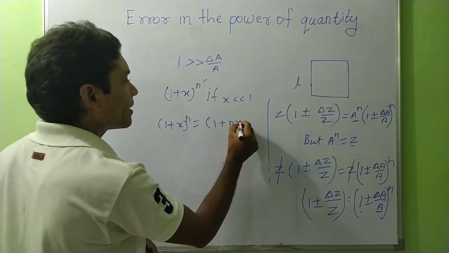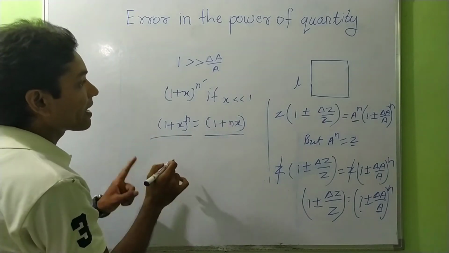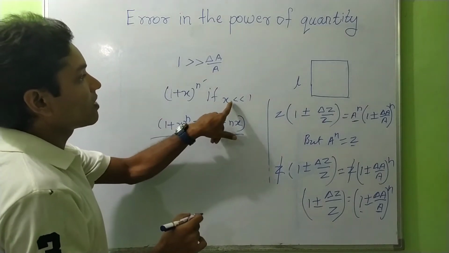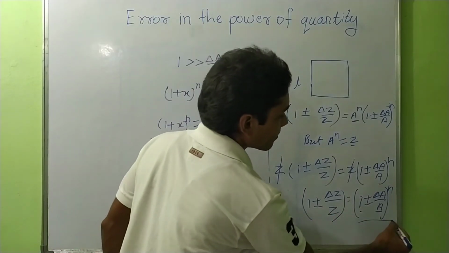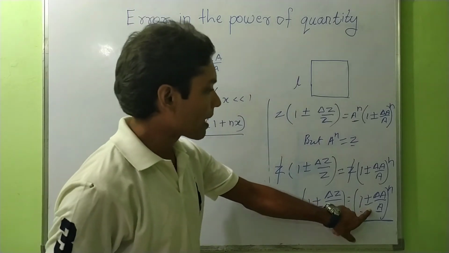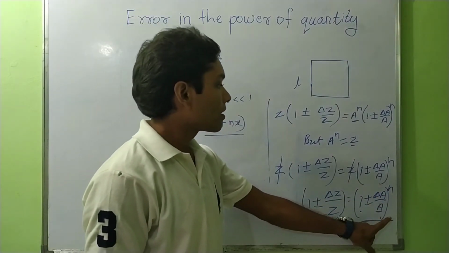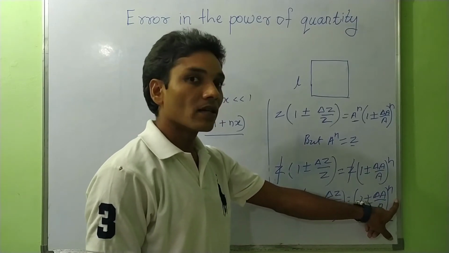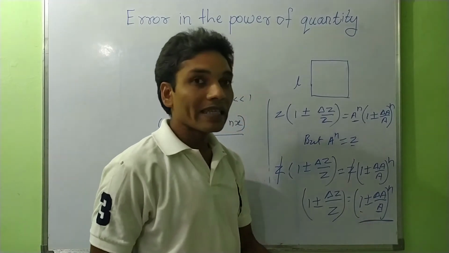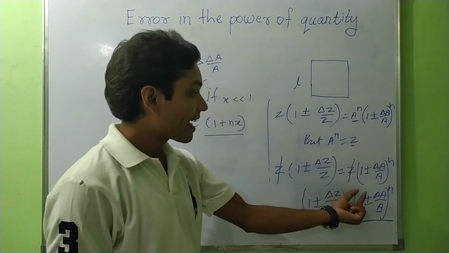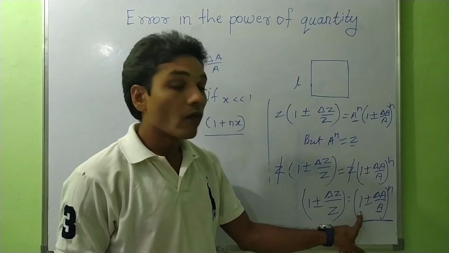This is the expansion in the case when x is very small. Here 1 plus minus del A upon A is there, and the power of this value is n. So we can expand this value by the binomial theorem, because del A upon A is very small compared to 1.